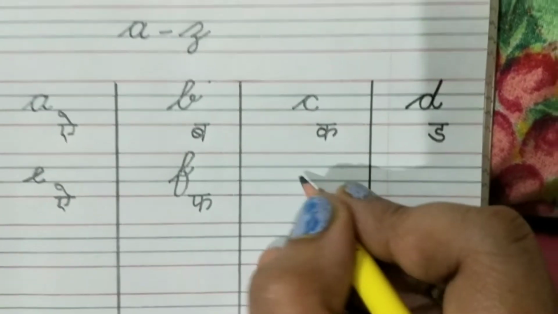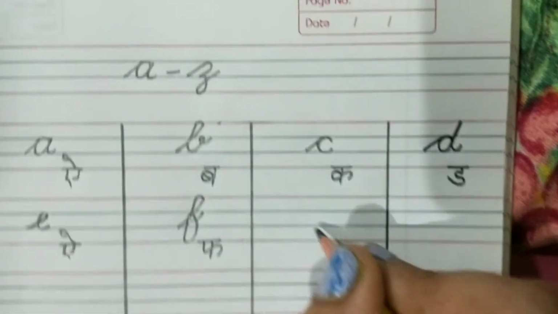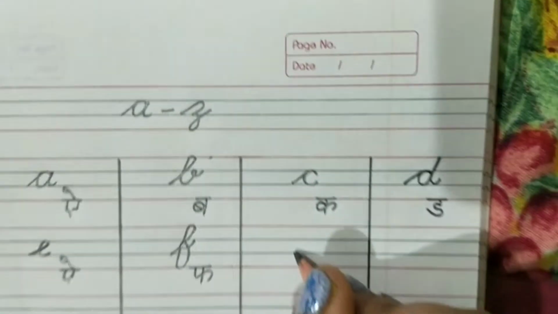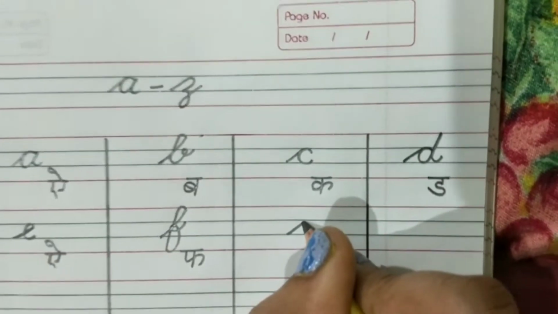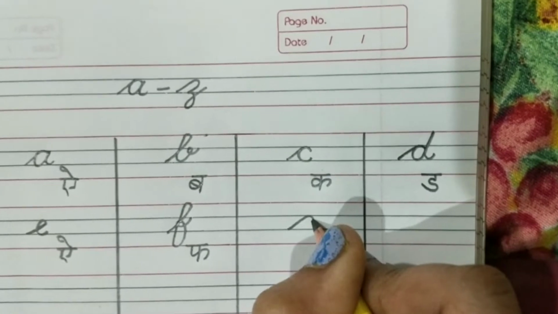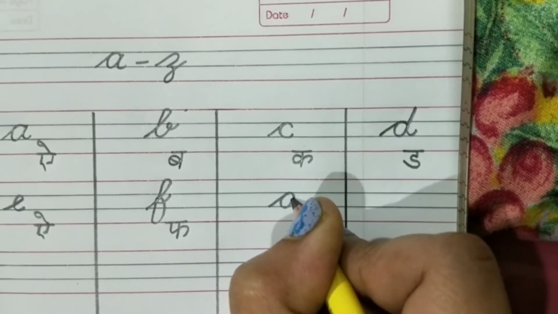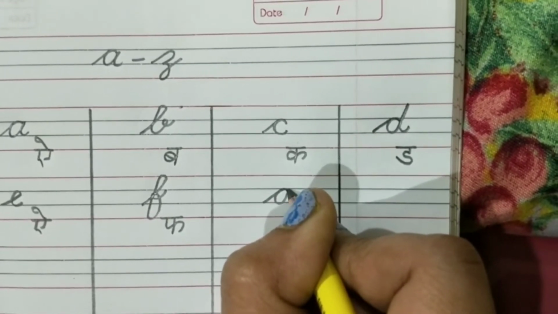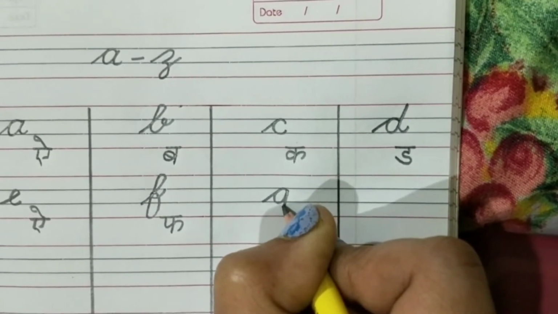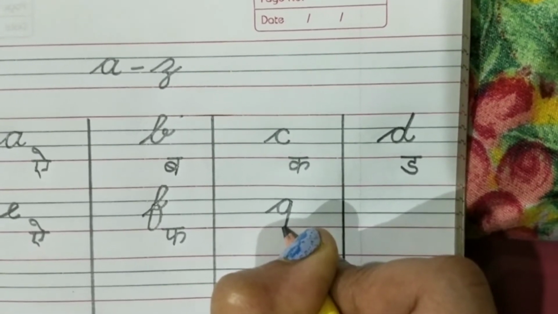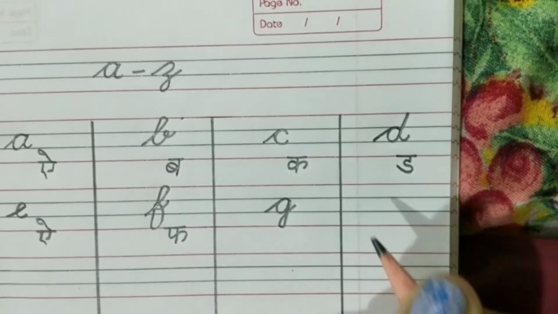After F, we have G. G says G. Slant line, a little down, make a C, touch the black line, and again come to the downward red line and turn like this.